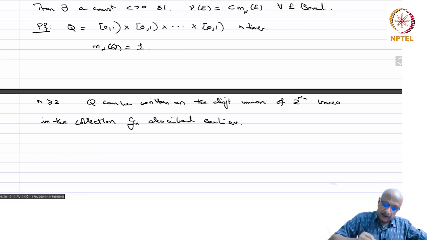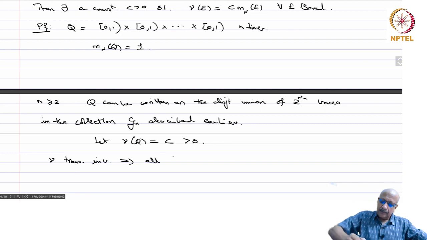So let nu of Q equal C, which is strictly positive. Then nu is translation invariant, which implies all subcubes above have the same measure.